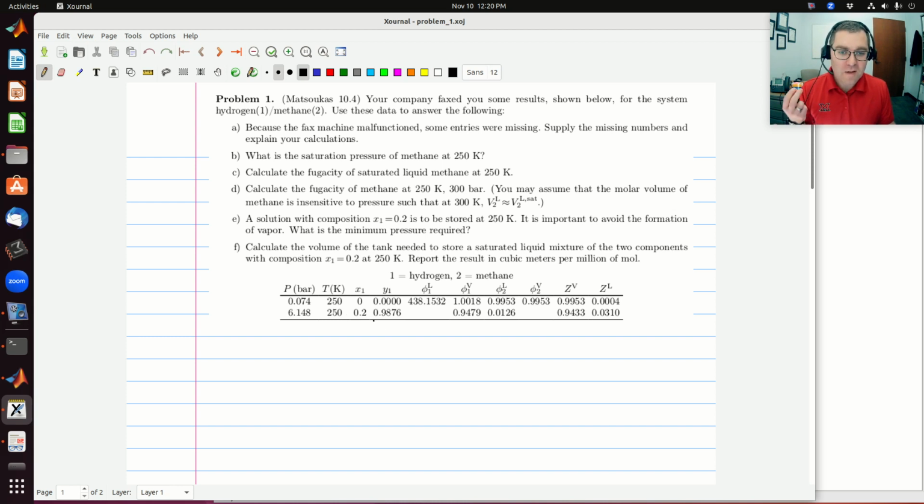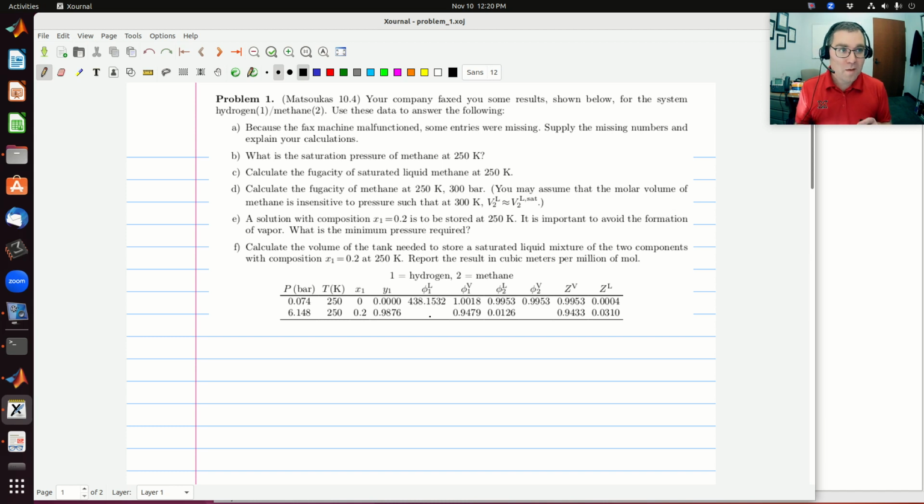I must have this binary system at two-phase equilibria for me to have some mole fraction of component 1 in both my liquid and vapor. Okay, cool. And so if I have a binary system at two-phase equilibrium, how am I going to get the fugacity coefficient of the liquid?